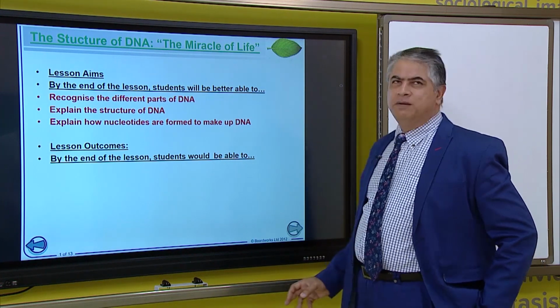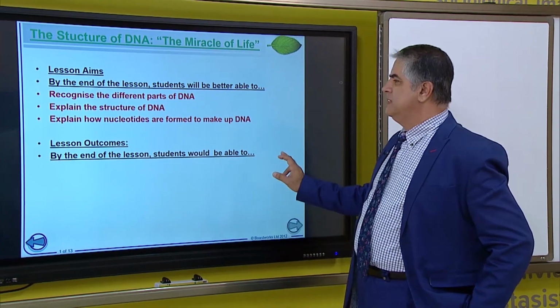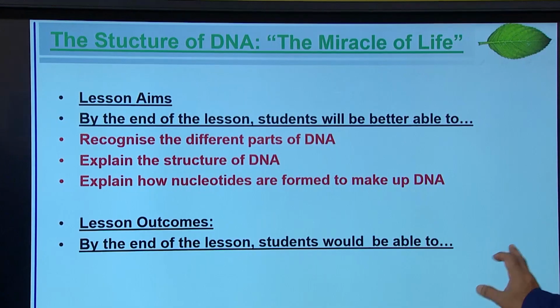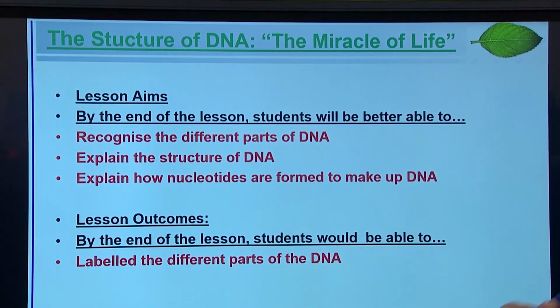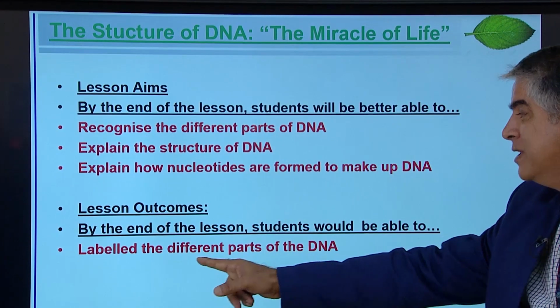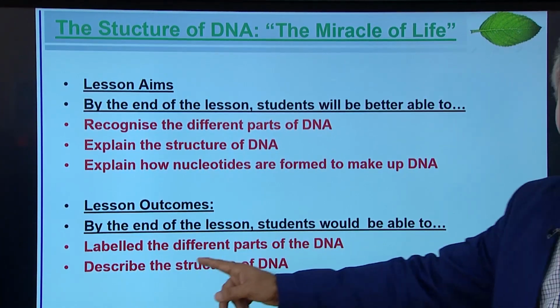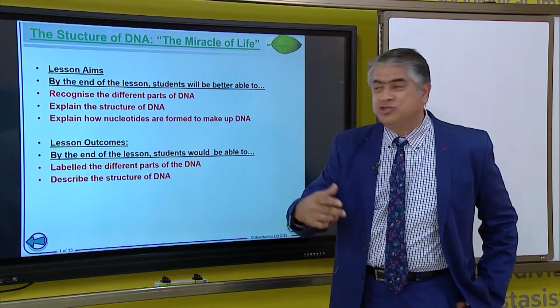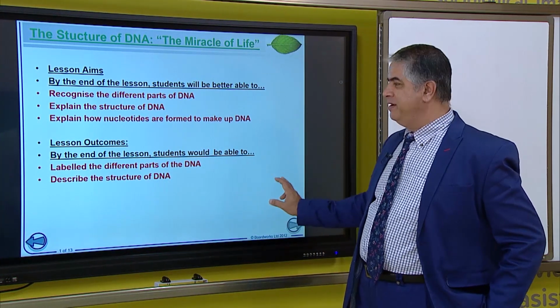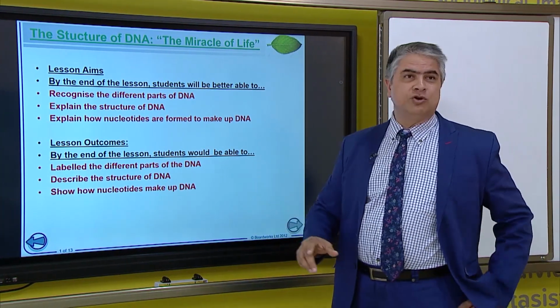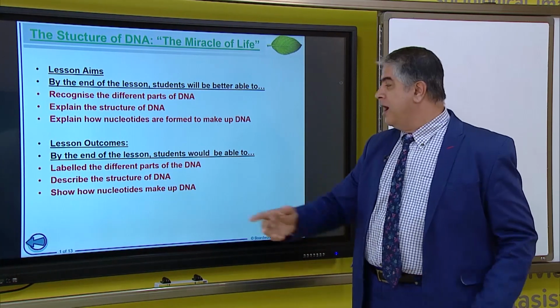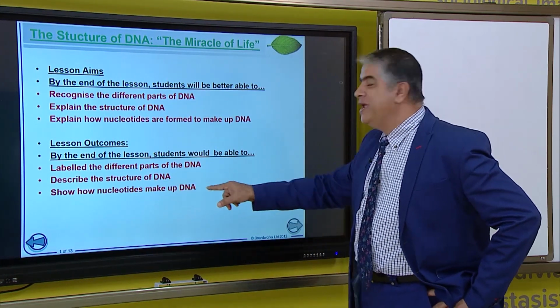All right? My lesson outcomes: by the end of the lesson, you should be able to label the different parts of the DNA. You should be able to describe in words the structure of DNA. You should also be able to show how the nucleotide makes up DNA.